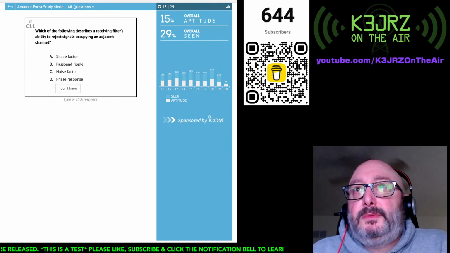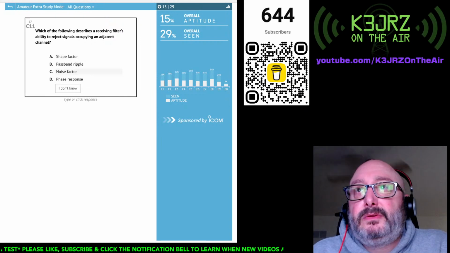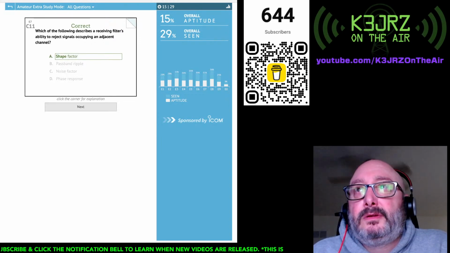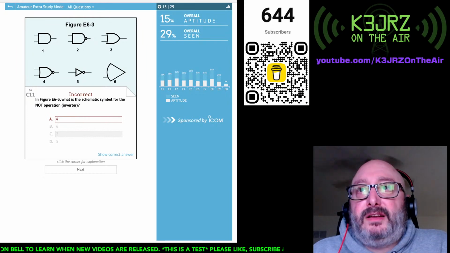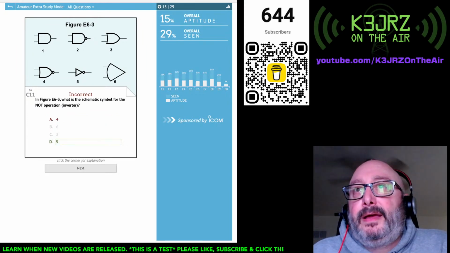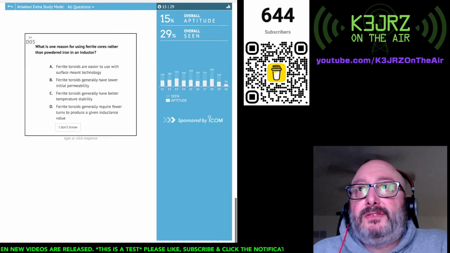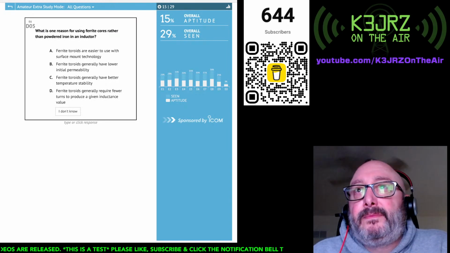Which of the following describes a receiving filter's ability to reject signals occupying an adjacent channel? Shape factor. Geez, number 5. Yeah, I knew that one. I messed up. I was thinking of the other thing. What is one reason for using ferrite cores rather than powered iron in an inductor?